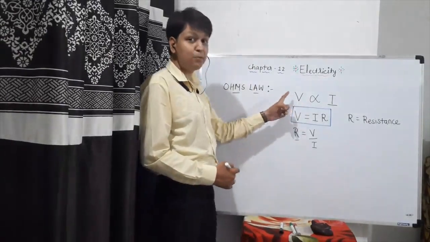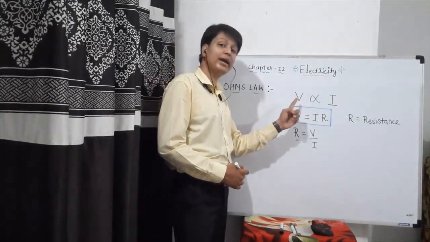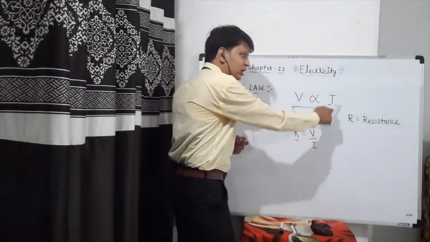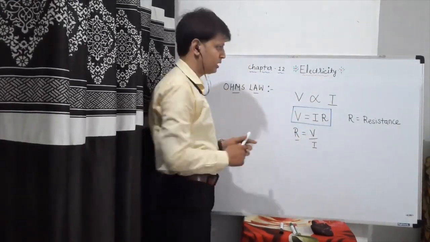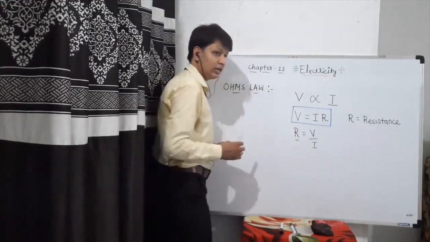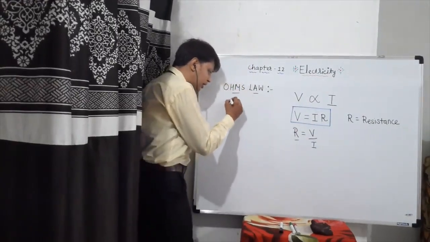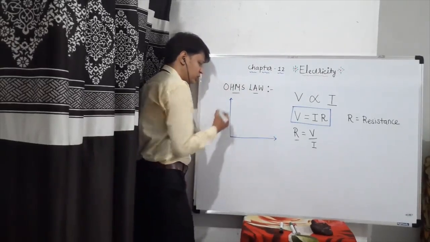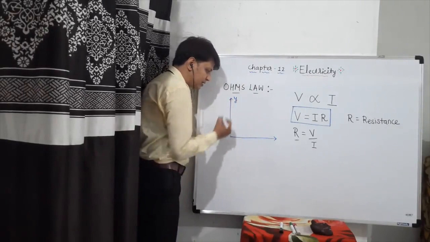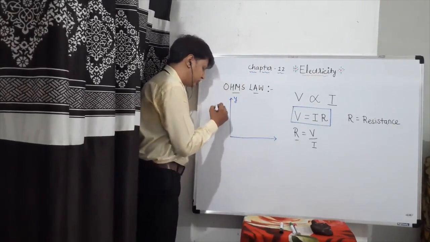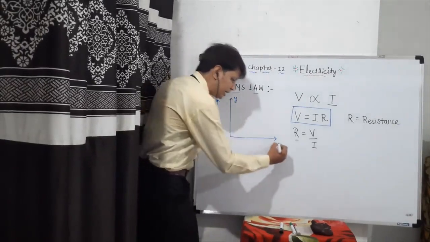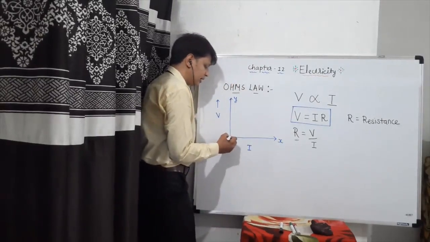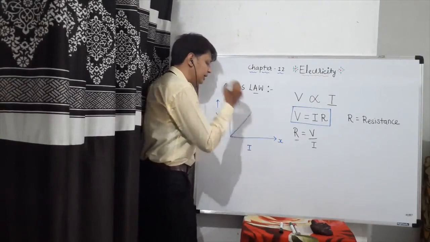So we can say that the potential difference applied across the two ends of the conductor is directly proportional to the current flowing through it. This is a linear relation, so if we make a graph out of it, with potential difference on the y-axis and electric current on the x-axis, then the graph will be linear in nature.